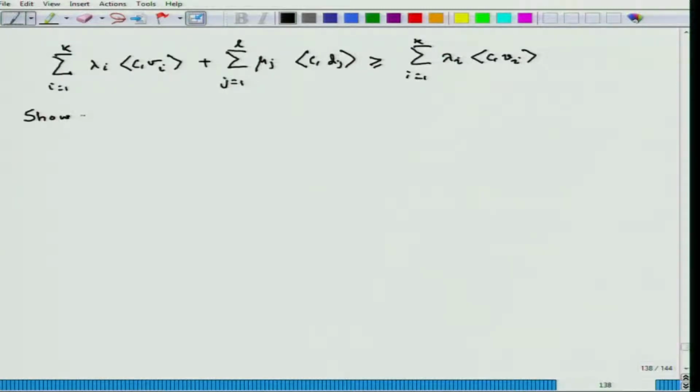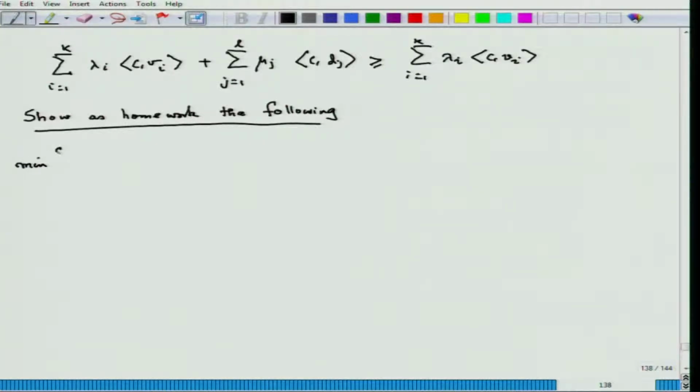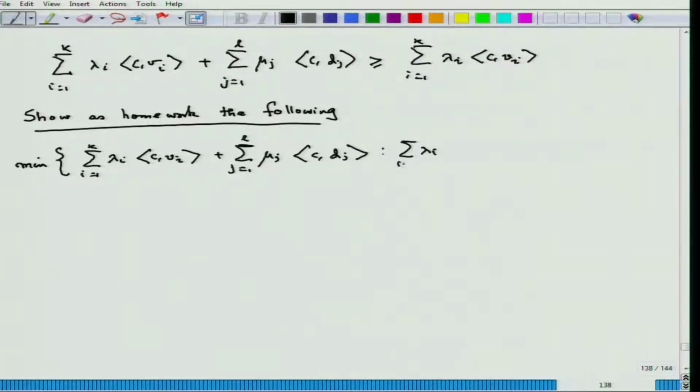Show as homework the following. The minimum value obtained by solving this problem is the same as minimizing this.